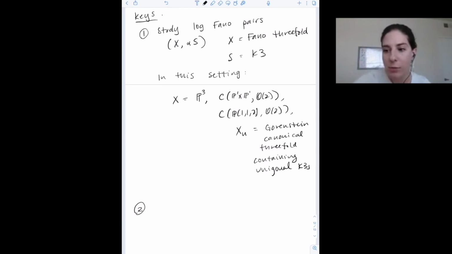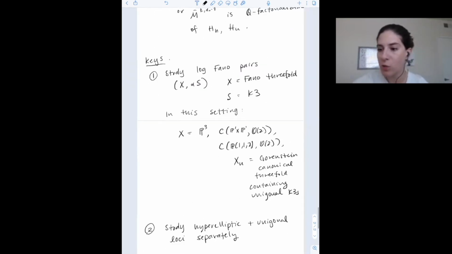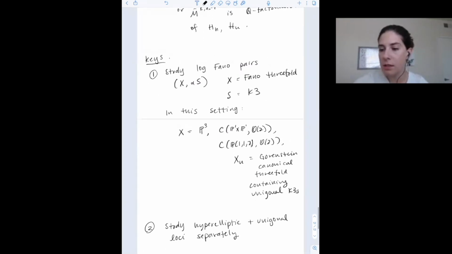And so the key when you're studying the wall crossings is to study the hyperelliptic and the unigonal loci separately. And it turns out that until the very last wall, these 2 divisors are disjoint.